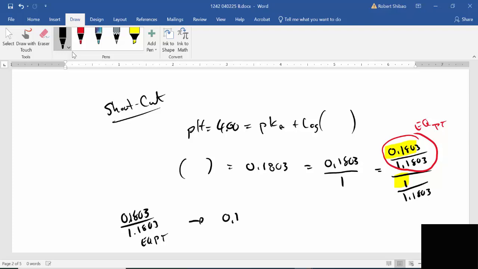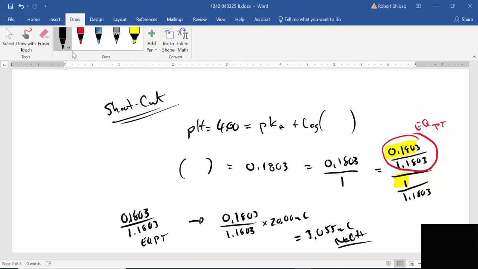Well, we just multiply that by 20. So this 0.1803 divided by 1.1803 times 20.00 milliliters, which is our full equivalence point. And so 0.1803 divided by 1.1803 times 20. And that means at 3.055 milliliters of sodium hydroxide, I should hit pH 4.